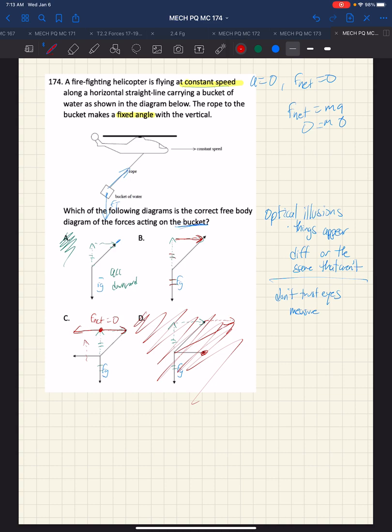And what we have in choice B is a net force to the right, which means there must be acceleration. And in choice C, what we see is the vertical forces cancel and the horizontal forces cancel. And what would those horizontal forces be?